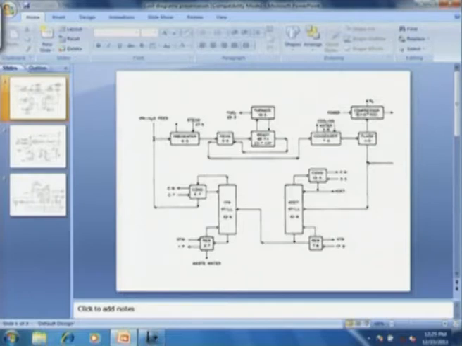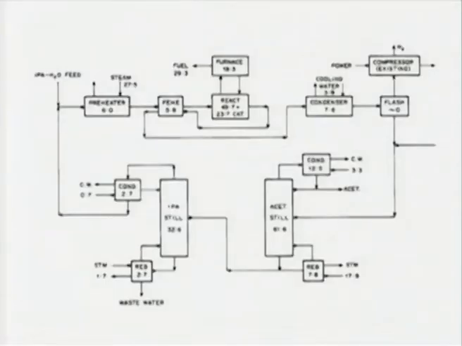Now, if you see here, again I am going back to the flow sheet, you will see that the only energy integration component is the feed to effluent heat exchanger, and this exchanger is rather small with only $5,800 per year spent on it.